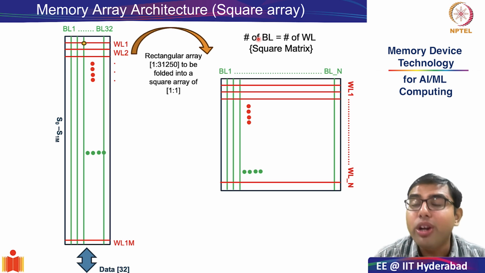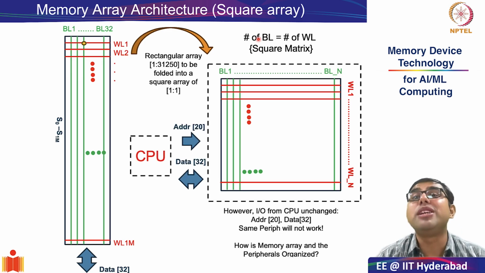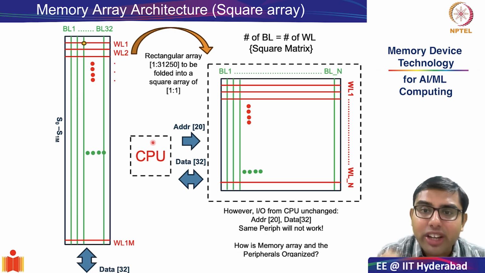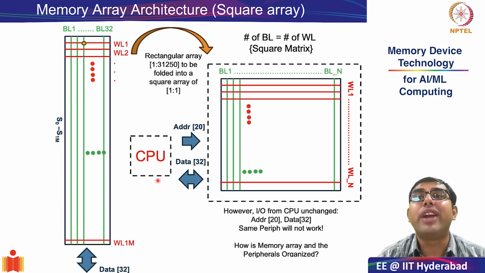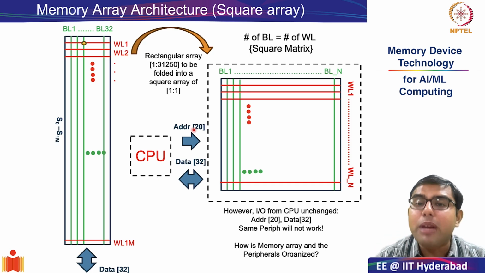However, it is important to recognize that the expectations from the CPU still remain the same. The expectation from the CPU for the rectangular array was that it would assert 20 bits of address and get 32 bits of data in or out. It will address one of the unique memory locations or words through this 20-bit address, and it should receive 32 bits of information.